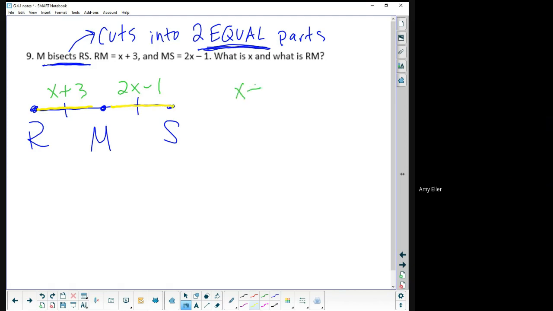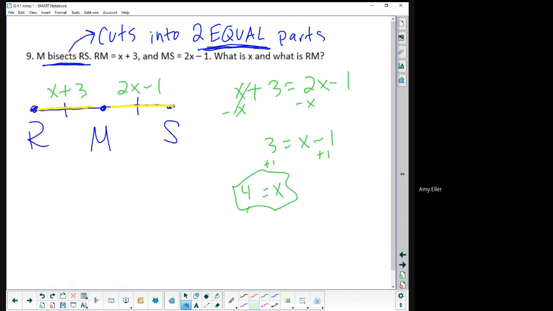Yes, you are allowed to set those equal. It's okay to circle x, just know that might not be your final answer. That's one of my answers. What is x? What is RM? RM is x plus 3, so 7.